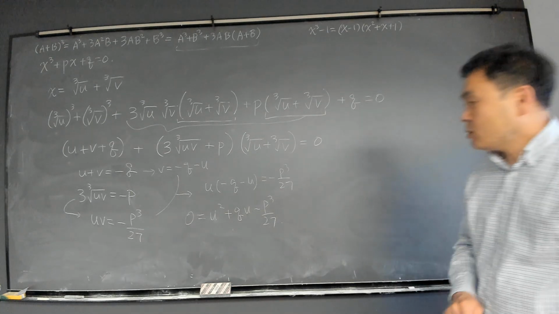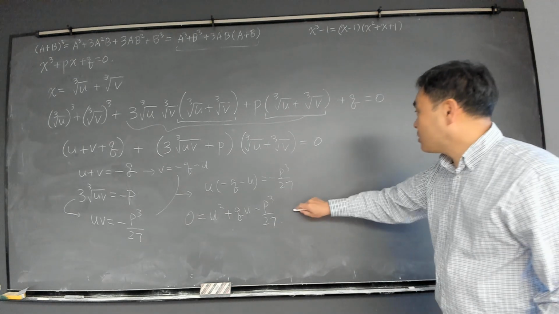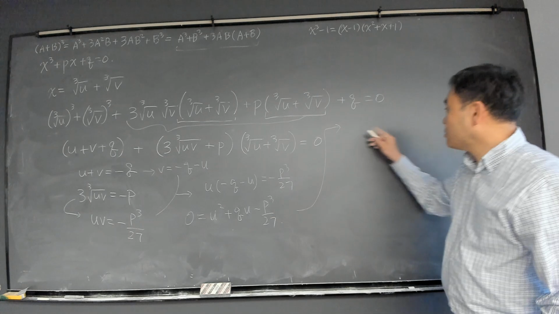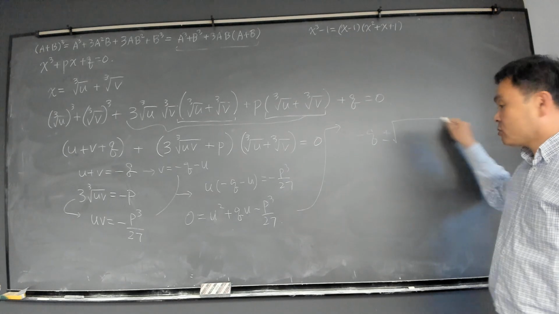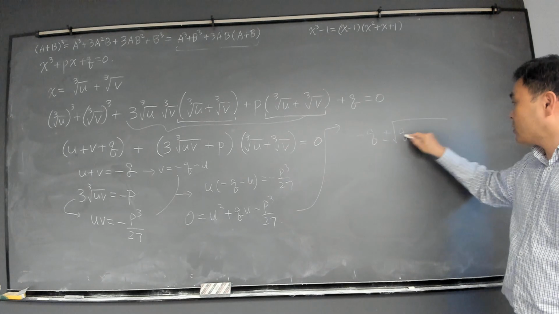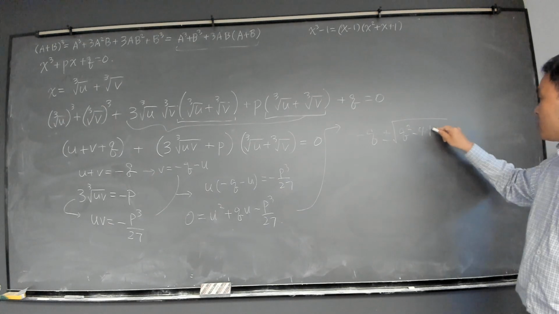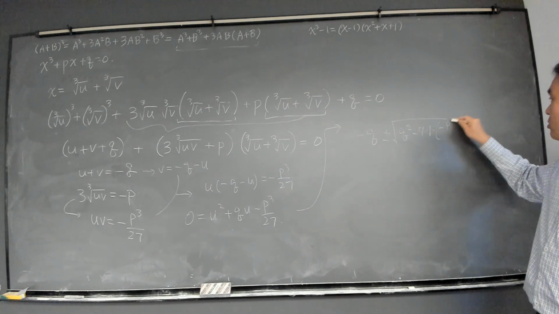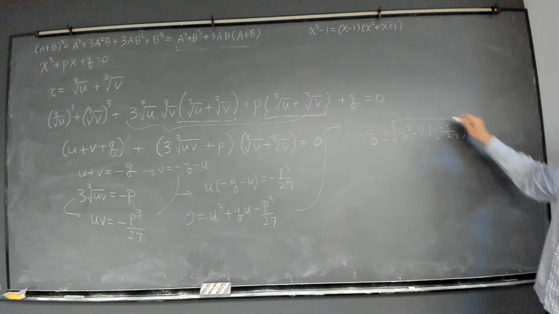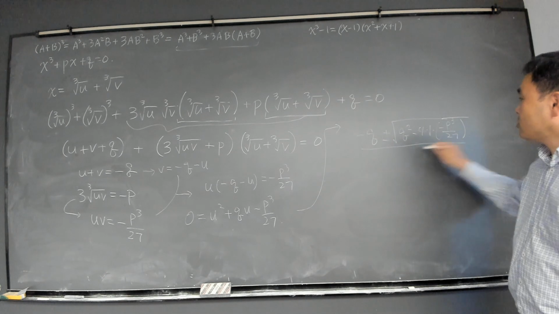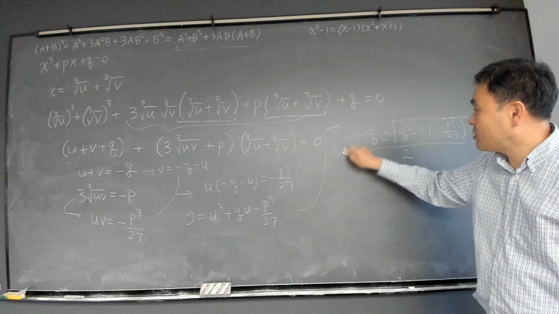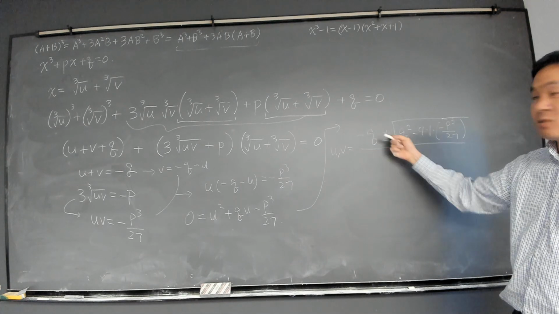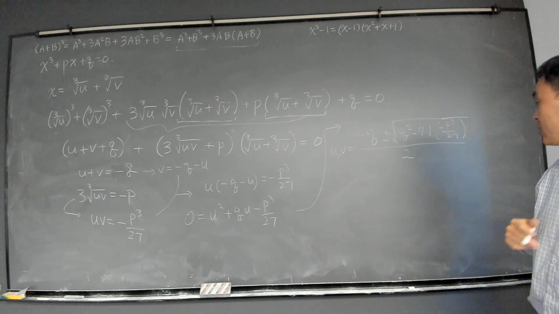So what we're going to do now is apply the quadratic formula, which is negative q plus or minus square root of q squared minus 4 times 1 times negative p cubed over 27, over 2. And as I said, both u and v will be these. u will be the plus one and v will be the minus one, okay?